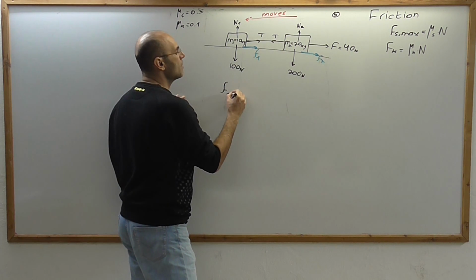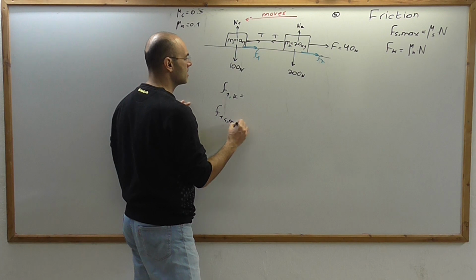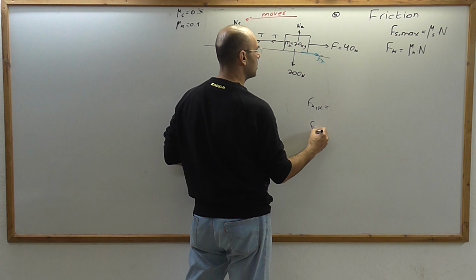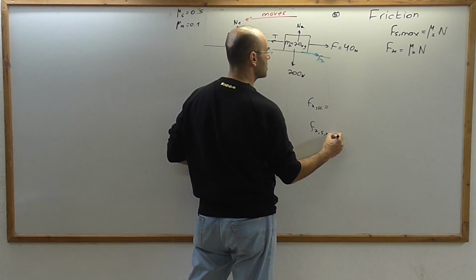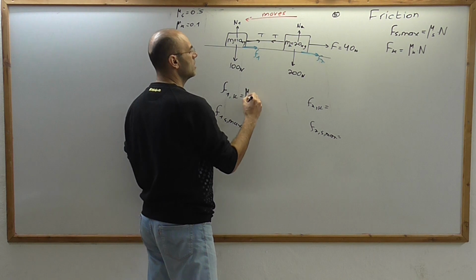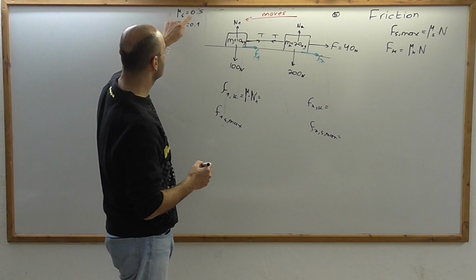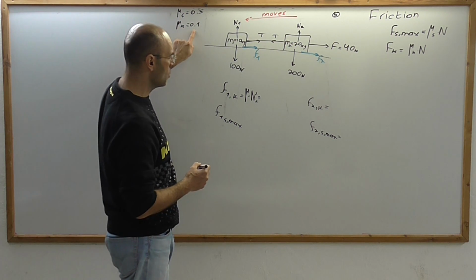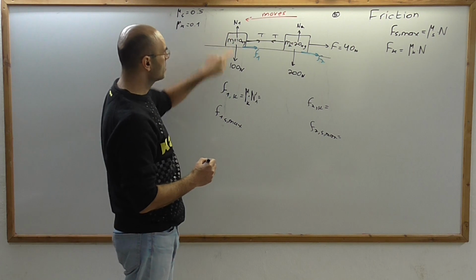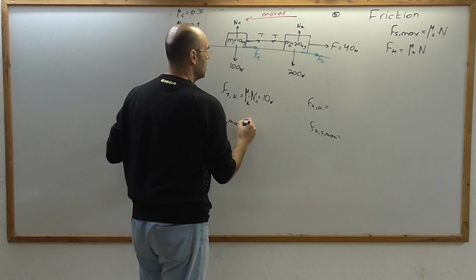Let's find what F1 kinetic is, what F1 static max is, what F2 kinetic is, and what F2 static max is. F1 kinetic is mu multiplied by N1. In this case, mu kinetic is 0.1. 0.1 multiplied by 100 is 10 newtons.